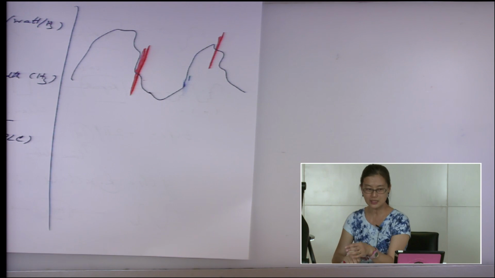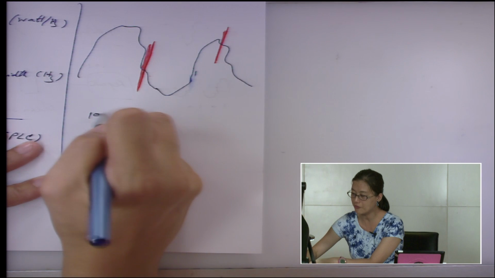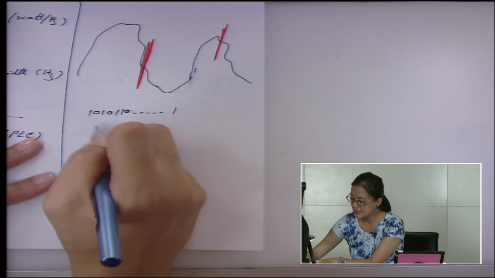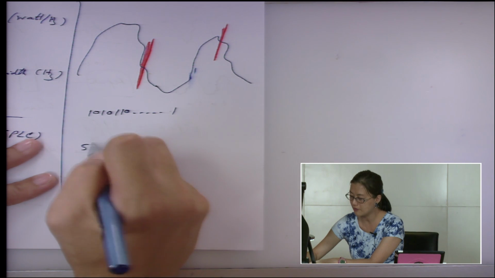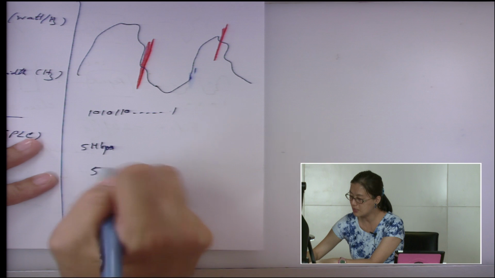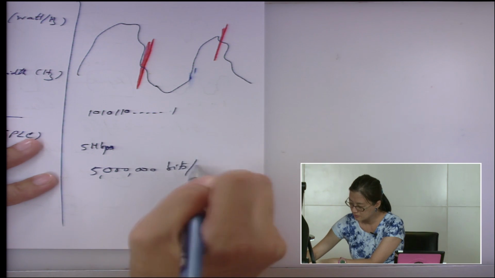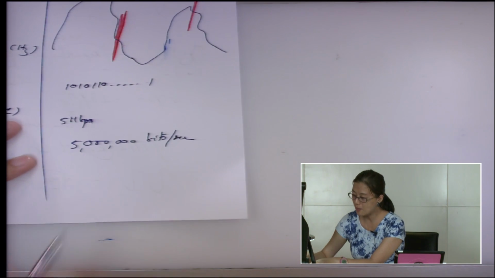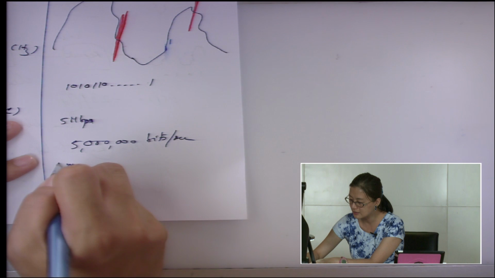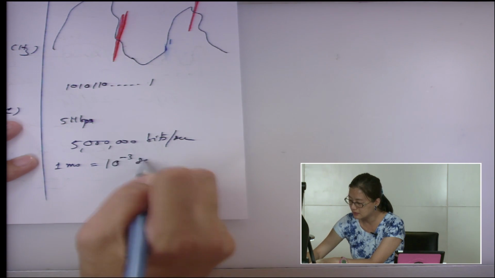But if it's digital, you send at a very fast data rate. Let's say you send at 5 megabits per second, which means 5 million bits per second. What happens if there's a spike of, let's say, 1 millisecond? 1 millisecond means 10 to the minus 3 seconds.